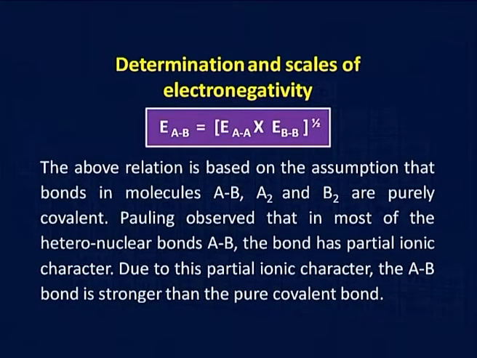So, Pauling observed that in most of the heteronuclear bonds of type AB, the bond has partial ionic character.